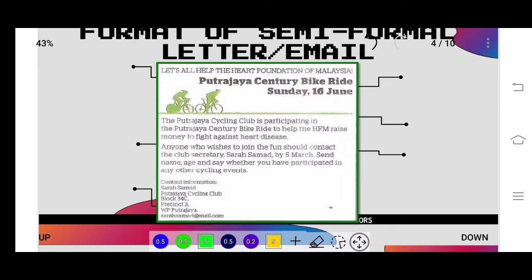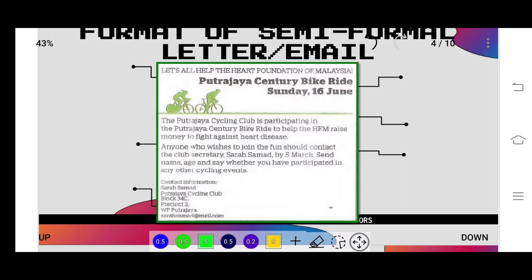Anyone who wishes to join the fund should contact the club secretary, Sarah Samad, by 5th of March. Send name, age, and say whether you have participated in any other cycling events. The contact information: Sarah Samad, Putrajaya Cycling Club, Block 34C, Precinct 3, Wilayah Persekutuan Putrajaya. And the email is sarahsamad@mail.com.